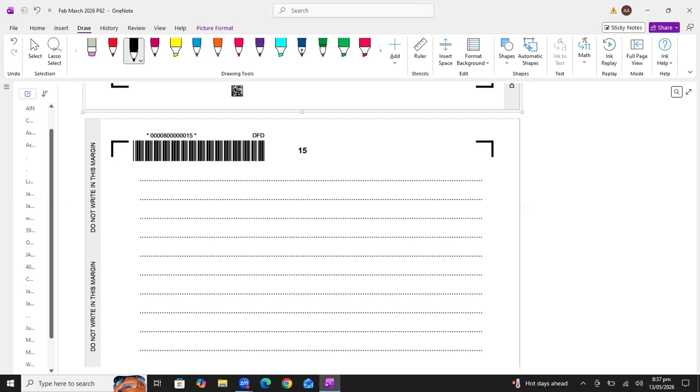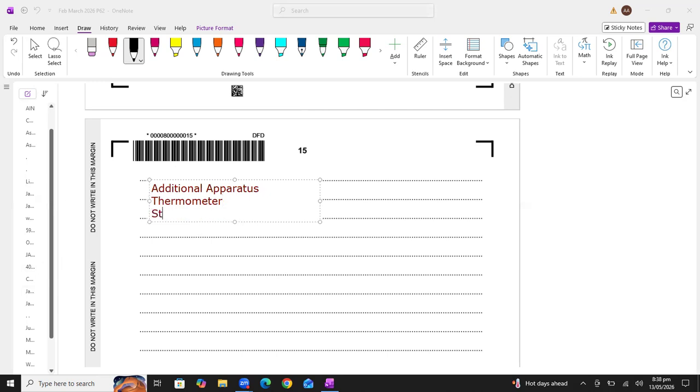We will use the thermometer to record the temperature, and the next apparatus is stopwatch. Obviously, we will use the stopwatch to record the time. Is it clear to you, students?